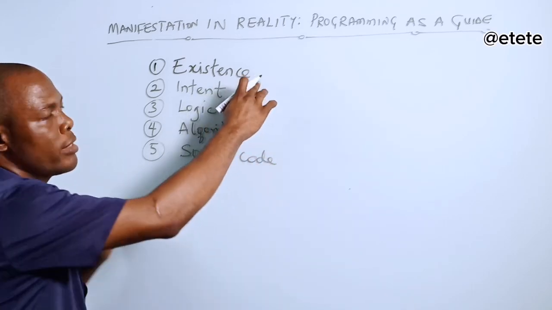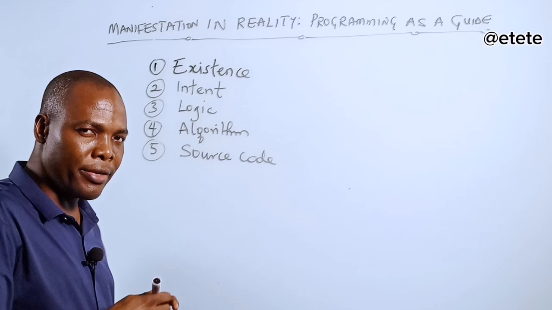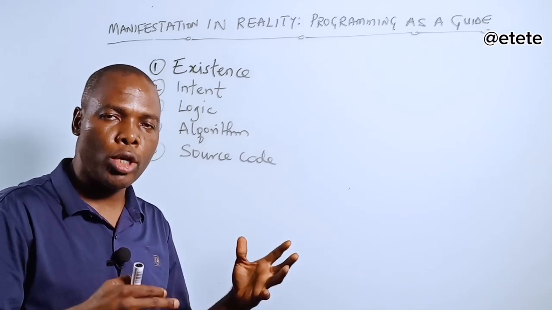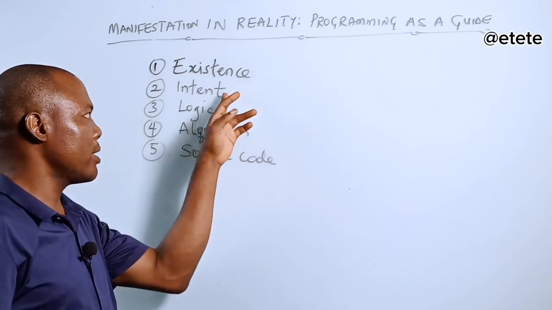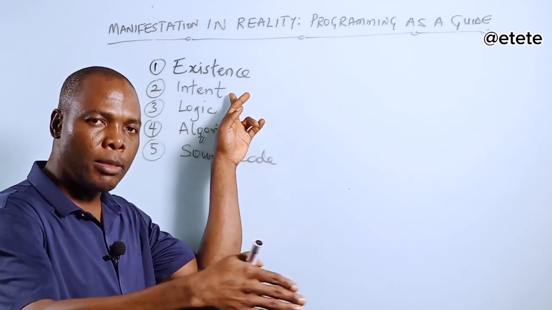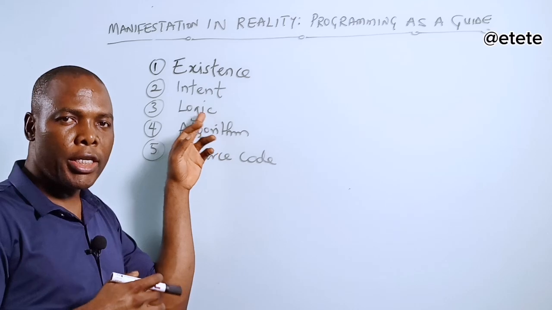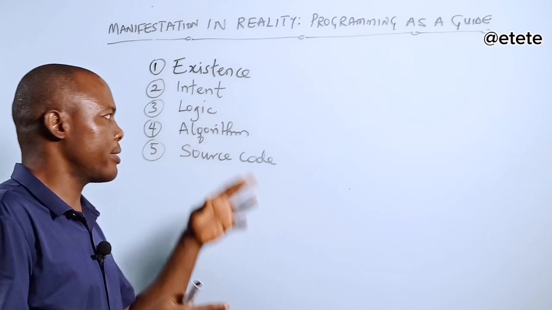So existence. First, you have to believe that there is a solution to a problem that you are trying to solve. That is existence. Intent now becomes the purpose of why you want to write the program. Logic is a blueprint of reason that ensures things make sense, right?